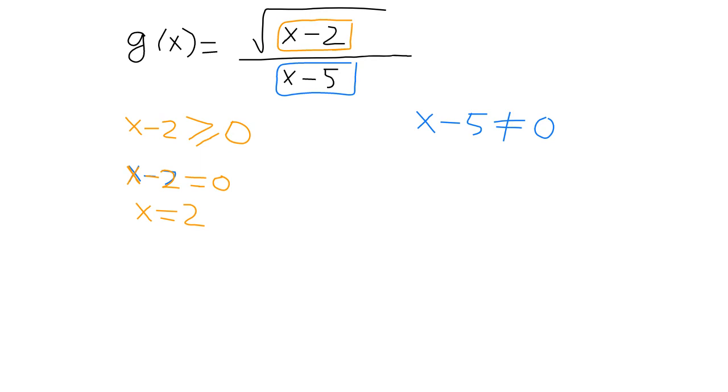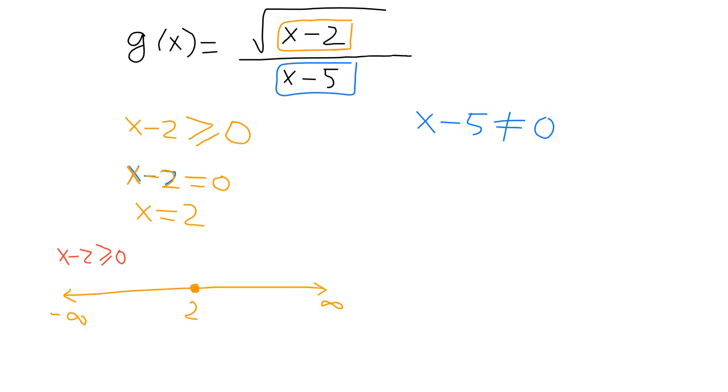And now take the real line, minus infinity to infinity, and include 2. Which part should I pick? X minus 2 should be greater or equal to 0. All right, so pick a number to the left of 2.